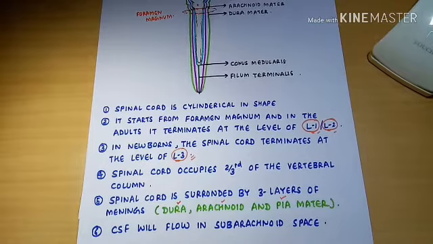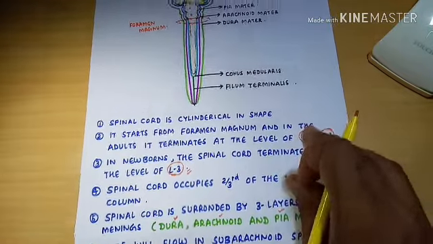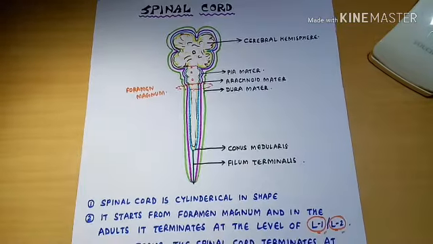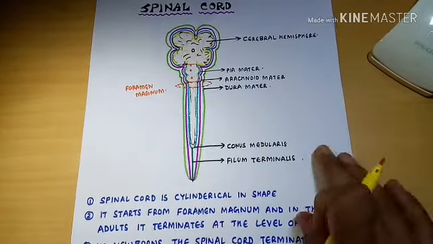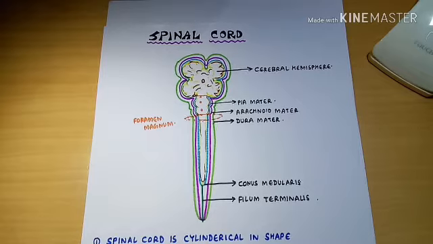It is a space between the two meninges. So the cerebrospinal fluid is flowing in the subarachnoid space. The spinal cord is cylindrical in shape, and it terminates at the level of lumbar first or lumbar second in adults, whereas in newborns it terminates at the level of lumbar third.